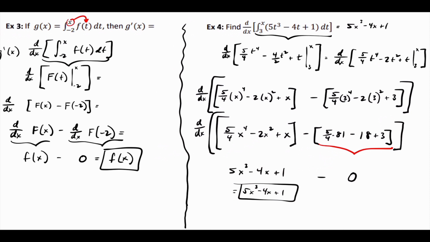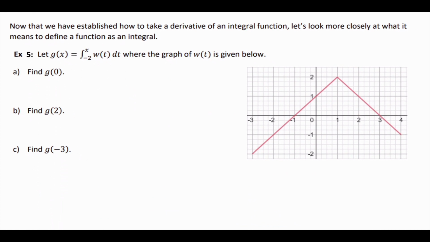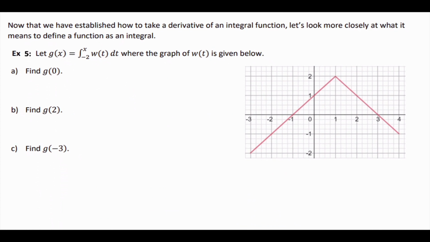Now, where are you going to have to use this a lot? Example number 5. When you're looking at a graph. One of the big things that we did last semester was reading graphs using derivatives.